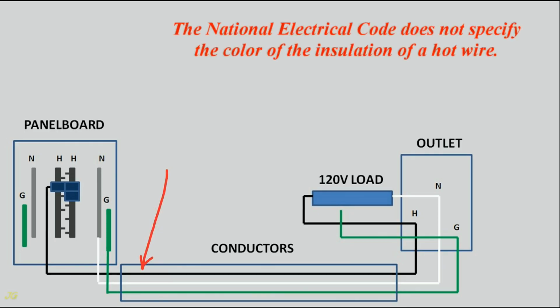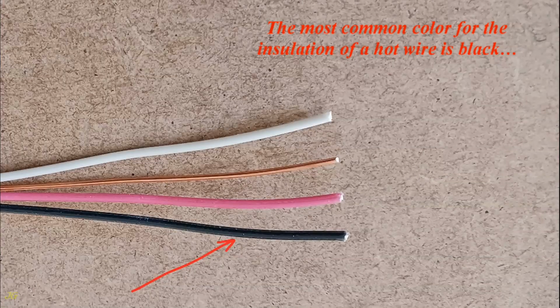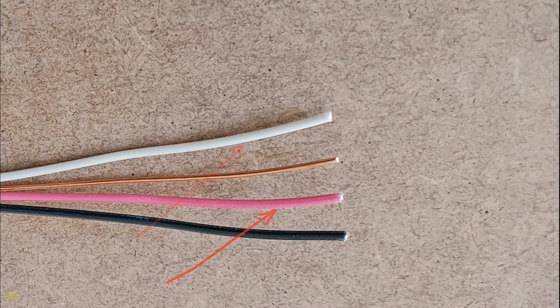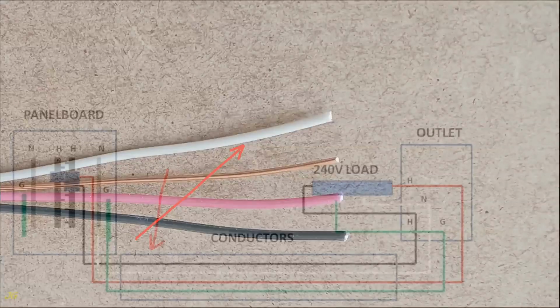The National Electrical Code does not specify the color of the insulation of a hot wire. The most common color for the insulation of a hot wire is black. Red is also often used for a secondary hot wire, and in multi-wire installations blue and brown are also used. The grounded conductor, neutral, must be identified, which specifies white and gray colors for it.